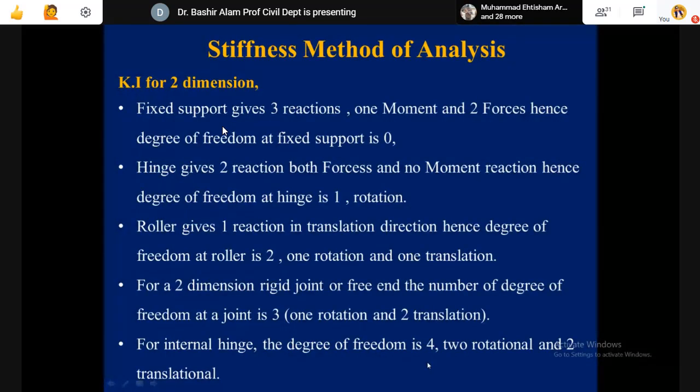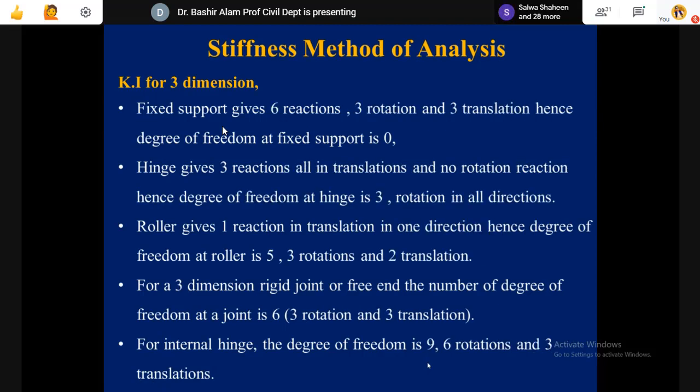Because it allows independent rotations of the left side and right side members, and it allows a horizontal translation and a vertical translation. So we have 2 translations and 2 rotations in the case of the internal hinge, giving us a 4 degree of freedom situation.